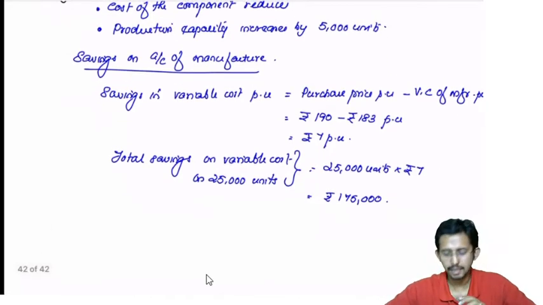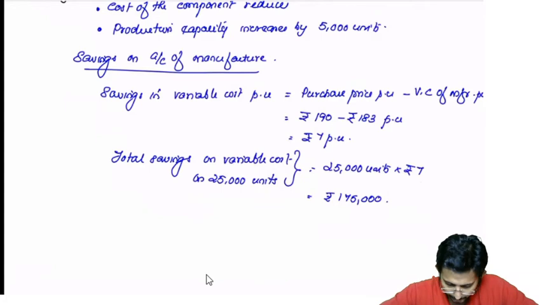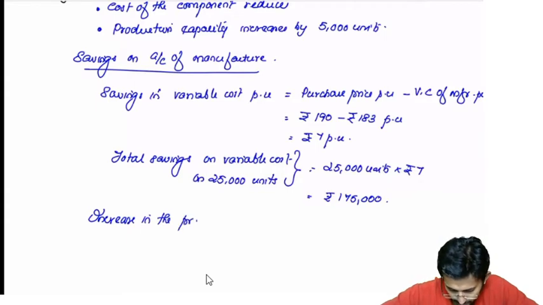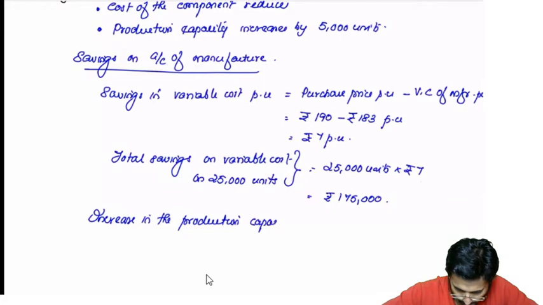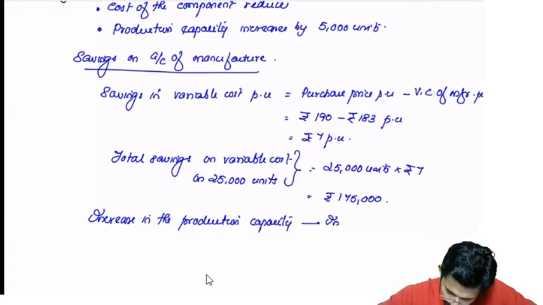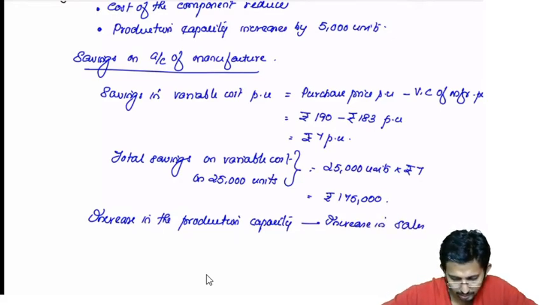Now the second option is the increase in the production capacity. With the increase in the production capacity, what is happening here is an increase in sales volume.